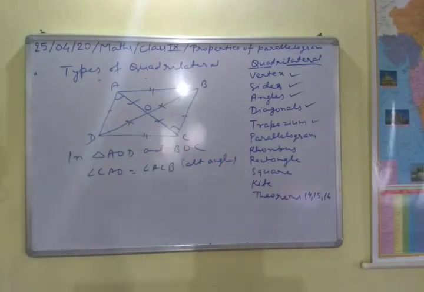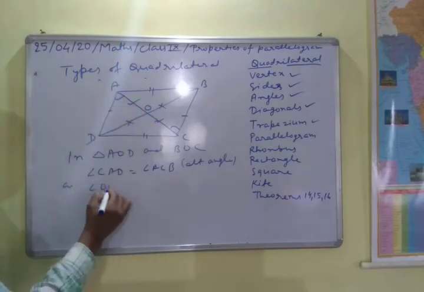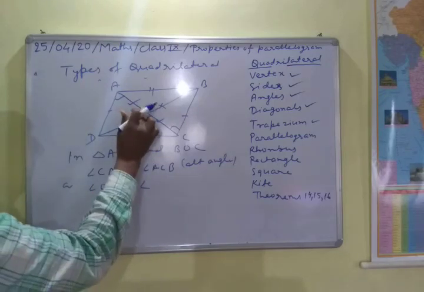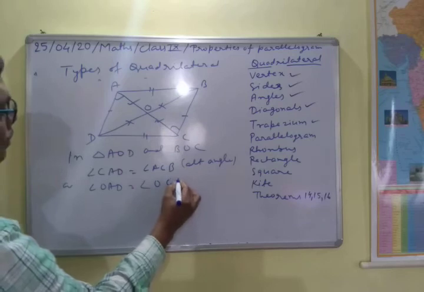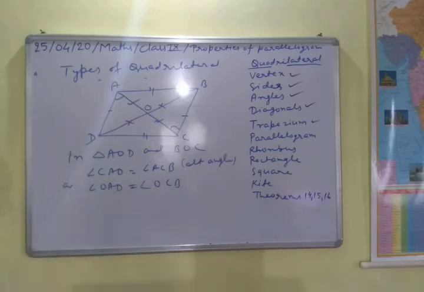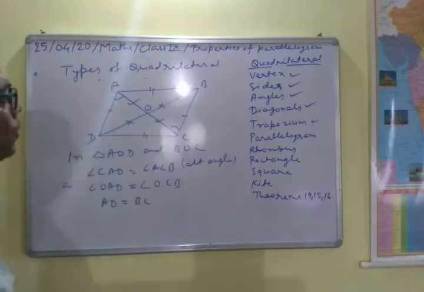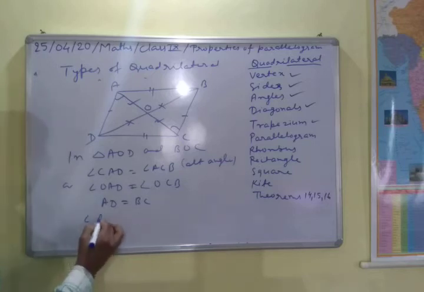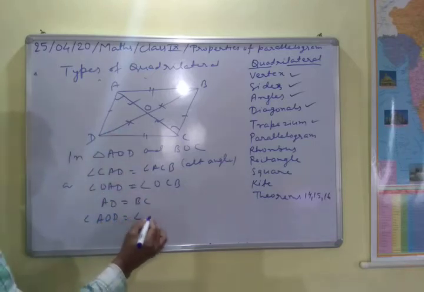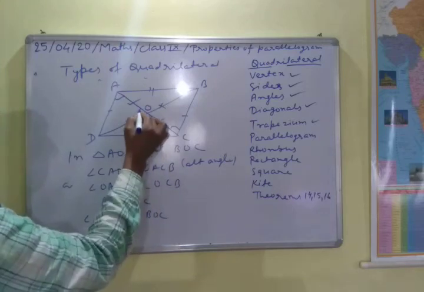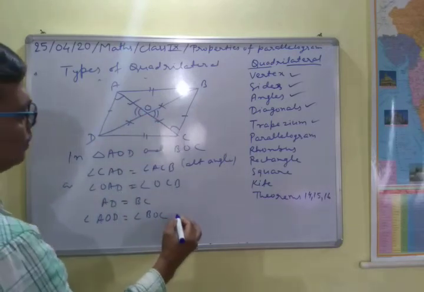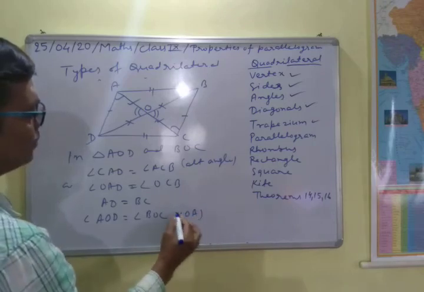Or you can say that angle OAD equal to angle OCB. And also AD equal to BC because in a parallelogram opposite sides are equal, and angle AOD equal to angle BOC, that is, these are the vertically opposite angles, and they are always equal.